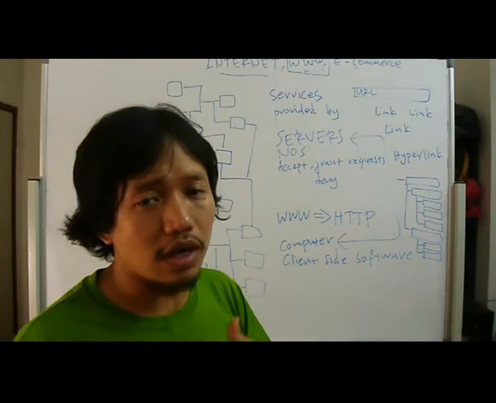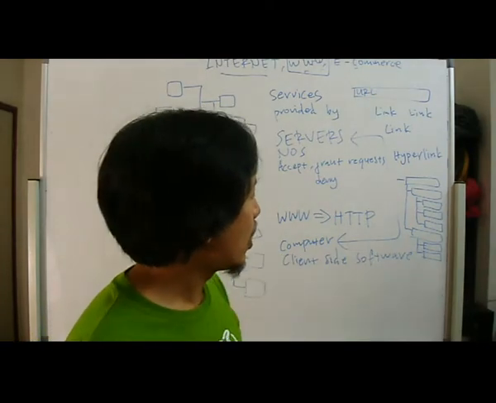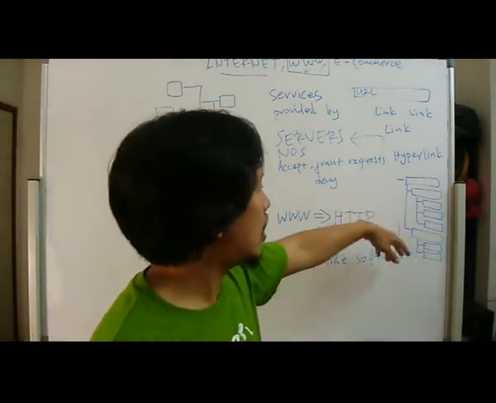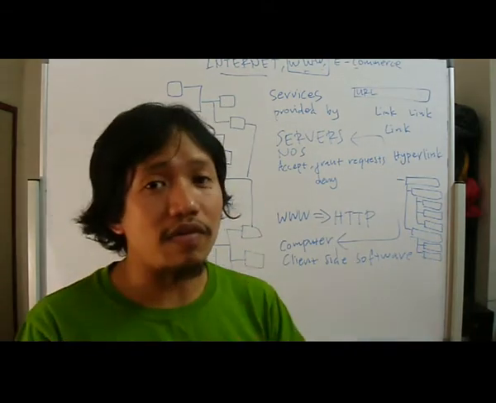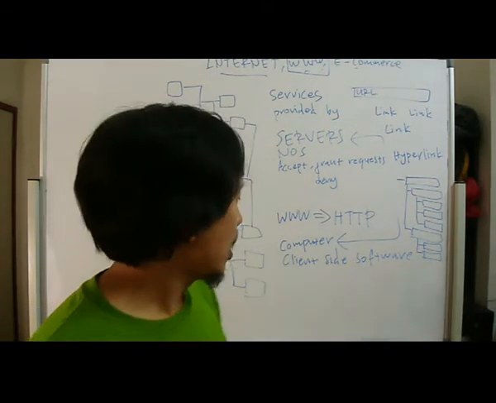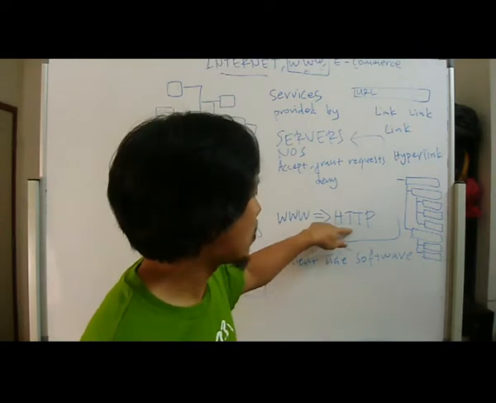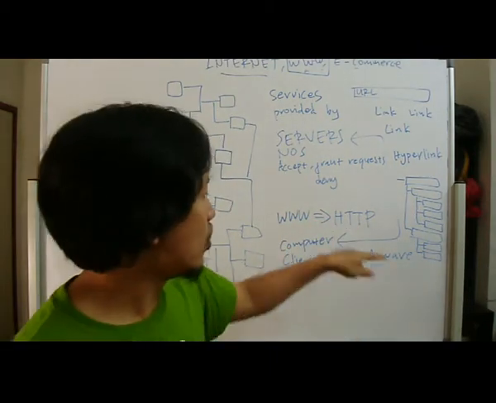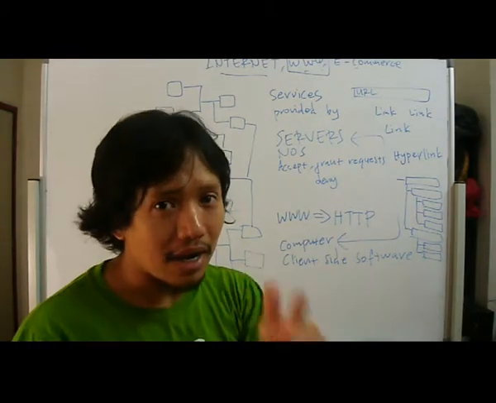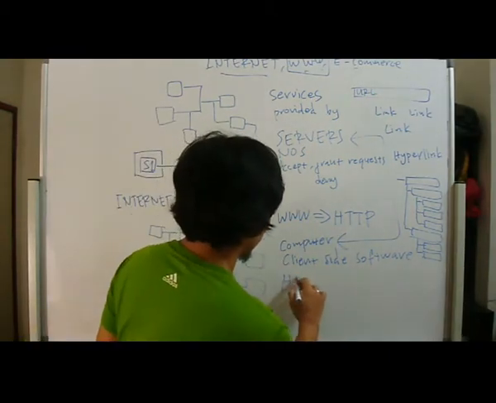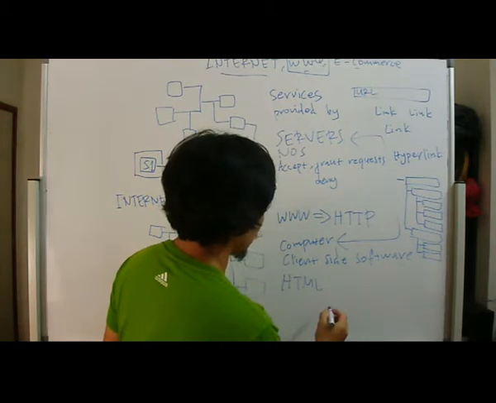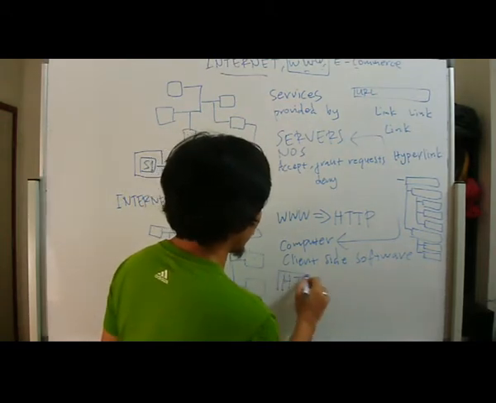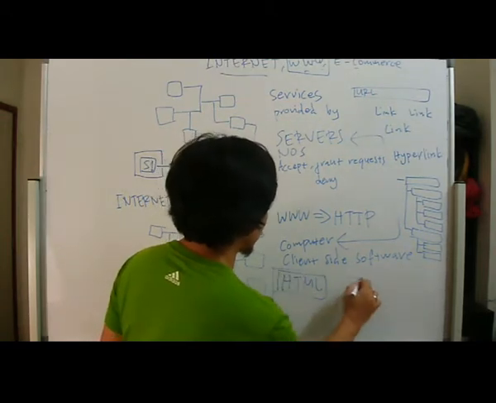A web page is actually something that has a lot of information, and it is being sent to you using hypertext transfer protocol, right? You construct a web page using hypertext markup language, right? So this is something that you have inside a web page.